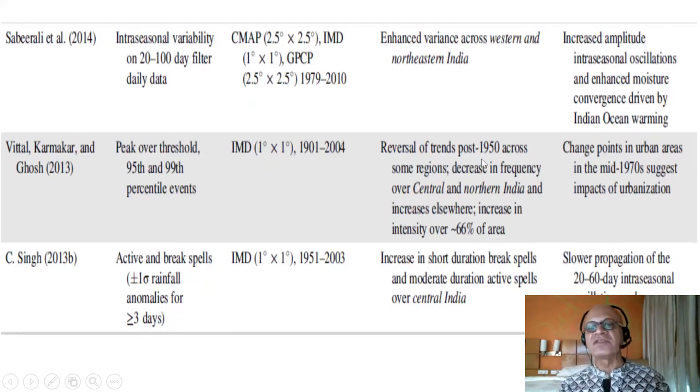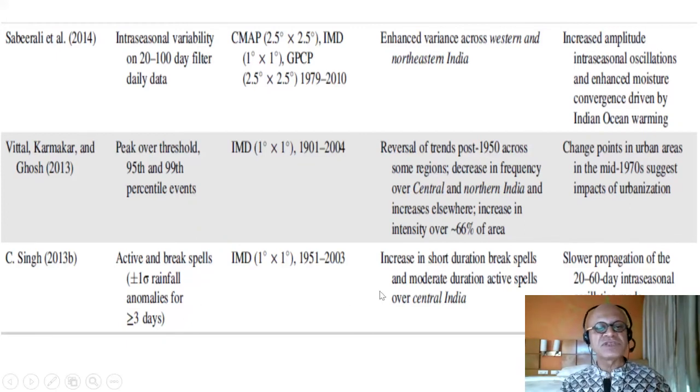Reversal of trends post 1950 across some regions. Decrease in frequency over central and northern India and increase elsewhere. Increase in intensity over 66% of the area over the country, and the reason being change points in urban areas in the mid-1970s suggest impact of urbanization, which was also reported in another study we saw before.